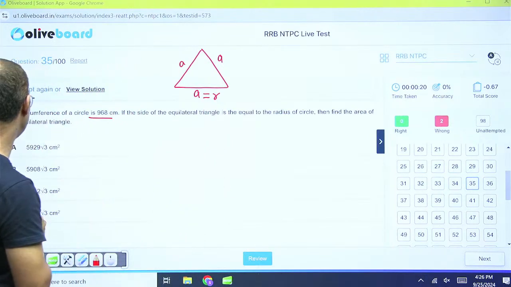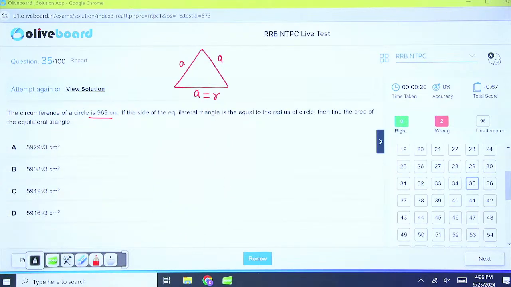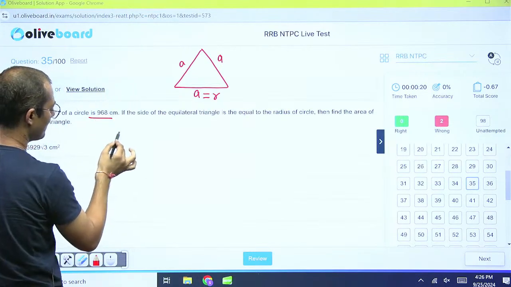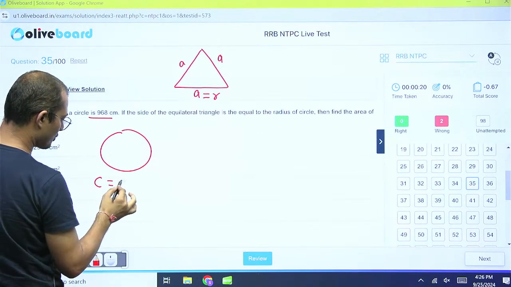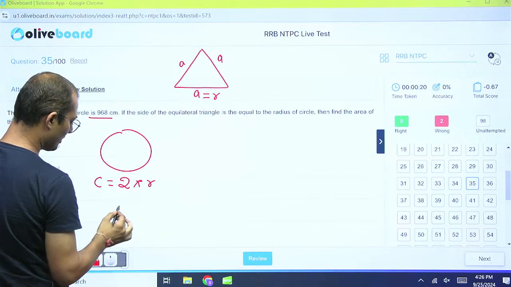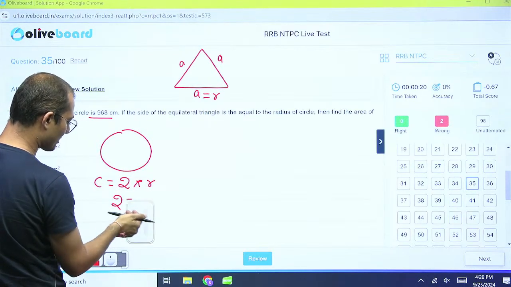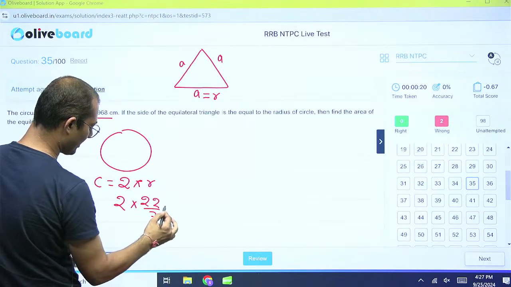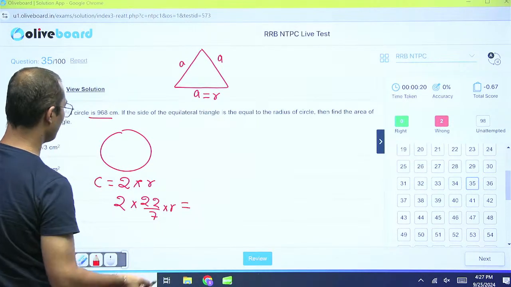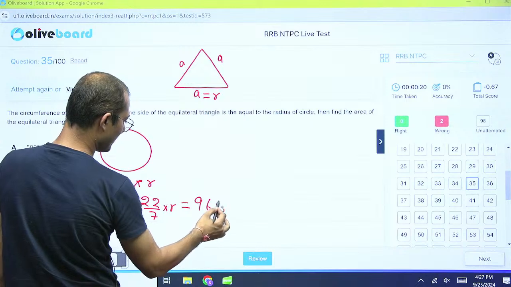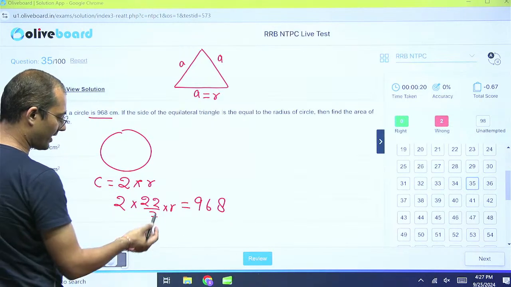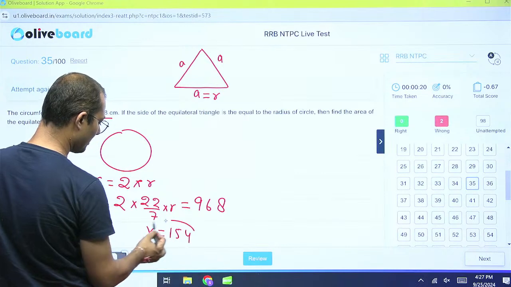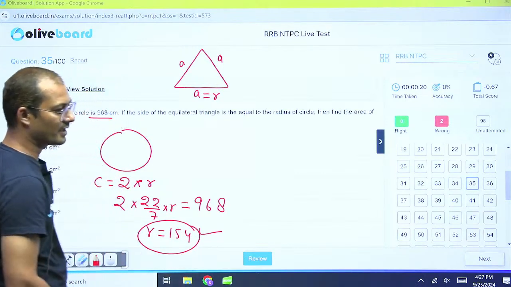We know the circumference of the circle is 2 pi r. Yes or no? So 2 into 22 divided by 7 into r is equal to 968. So we can solve it, and we will get r equal to 154.